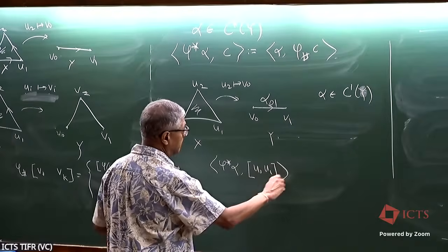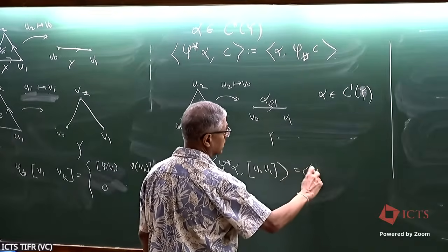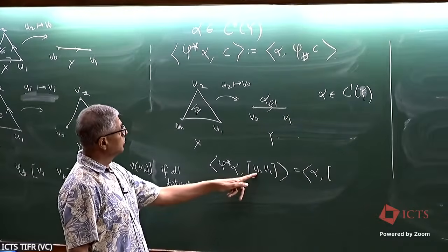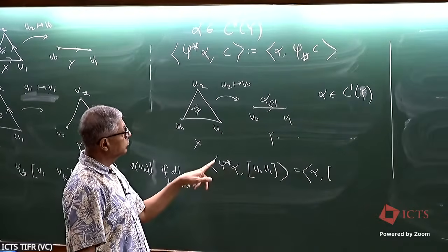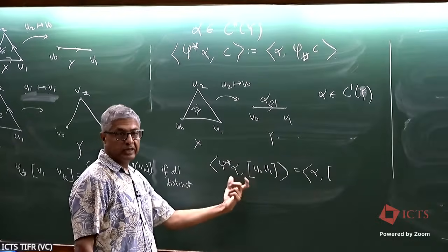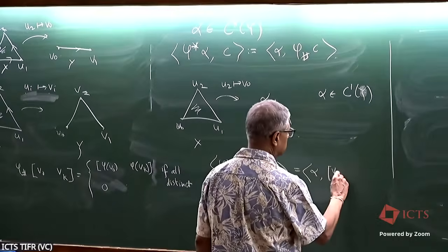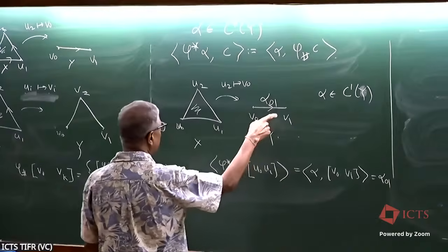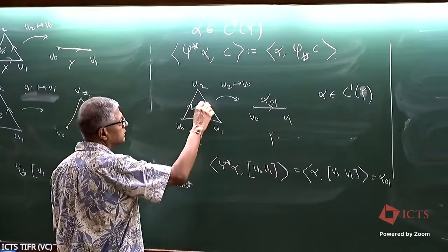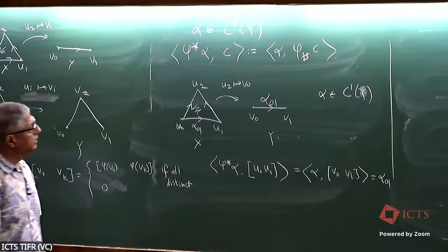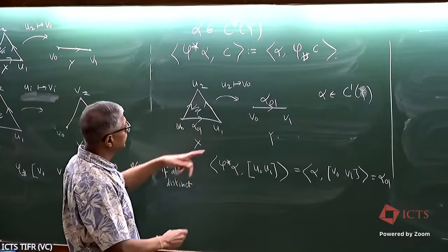You just map these vertices: U0 goes via phi to V0 and U1 goes to V1, and they are distinct, so we can retain them. So this is V0, V1, which is just alpha of 0, 1. When you pull back this cochain, you get this number here. Let's see what happens on U1, U2.